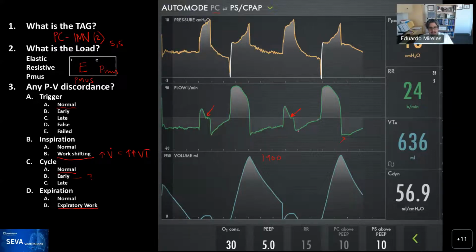And so then the patient continues to do effort, and so the tidal volume is still there. And actually you can see here's during exhalation, the patient is actively exhaling, and then they get this inspiratory effort. So I think that without a doubt, very high inspiratory and active expiration.